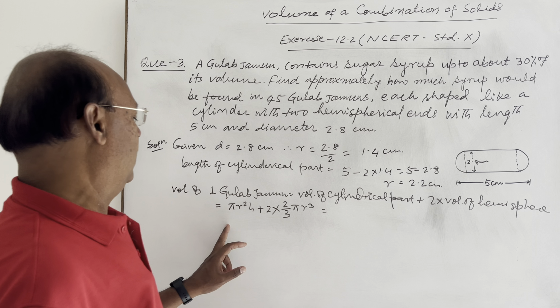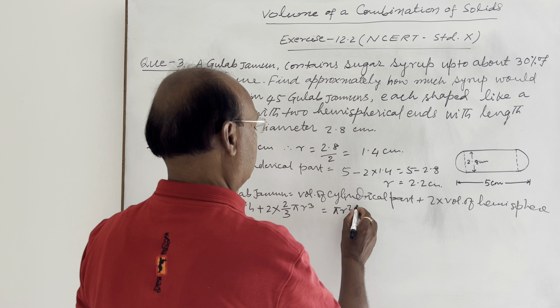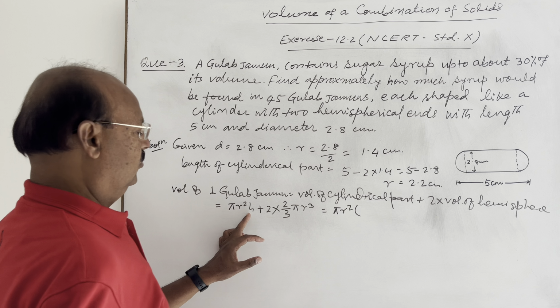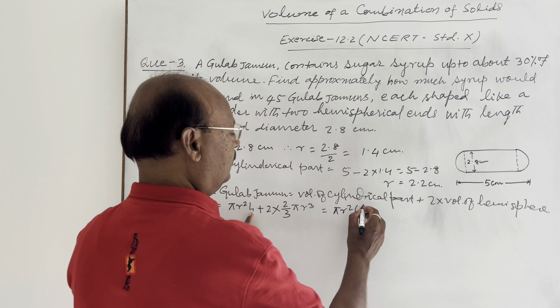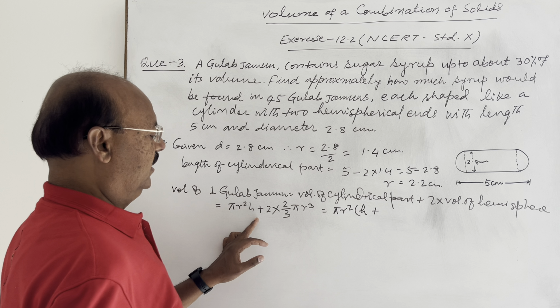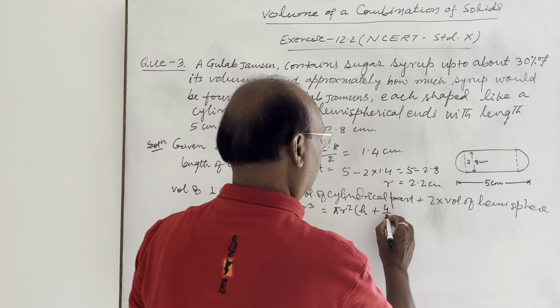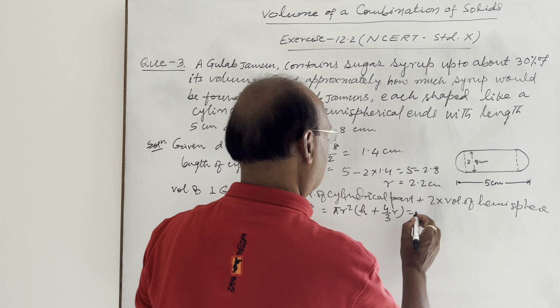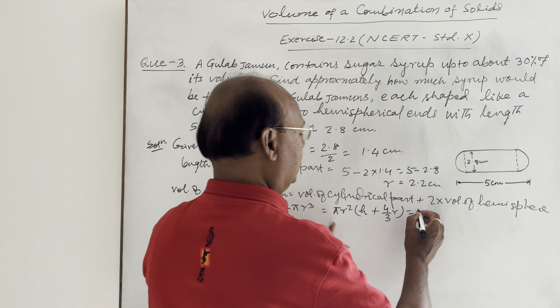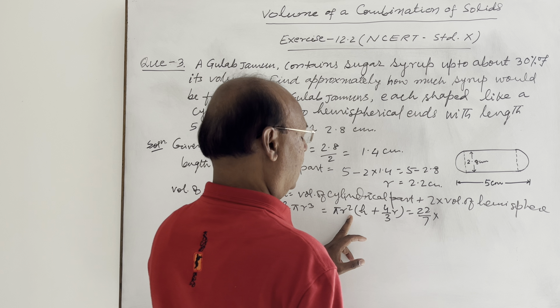Here we can take pi r square common. We will get h from the first term, and from the second term we'll get 4 by 3 into r. Let us put these values. Pi is 22 by 7 into r square.